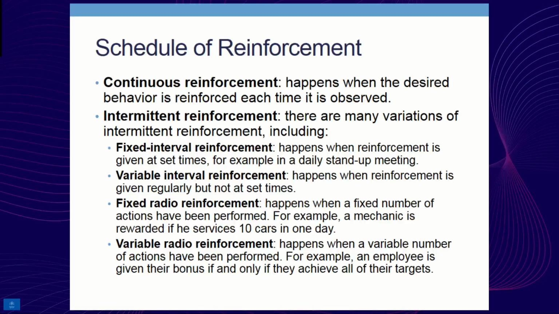For example, a mechanic is rewarded if he services 10 cars in one day. Variable ratio reinforcement happens when a variable number of actions have been performed. For example, an employee is given their bonus if and only if they achieve all of their targets.